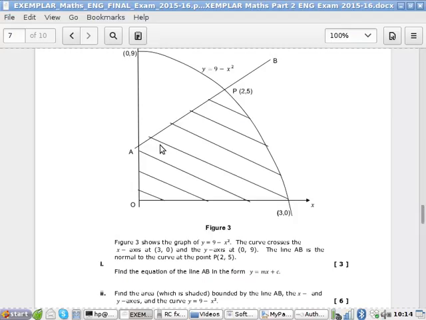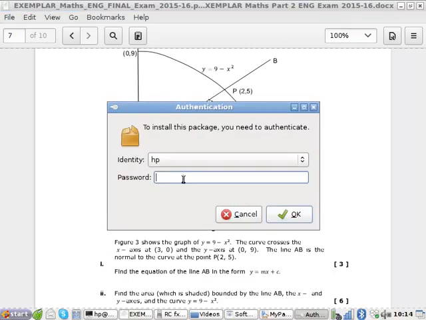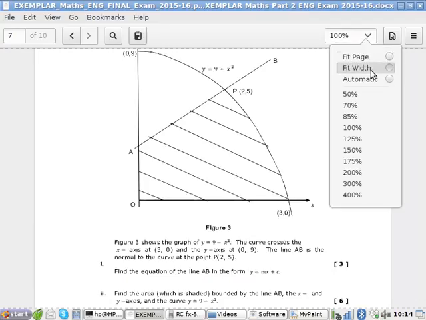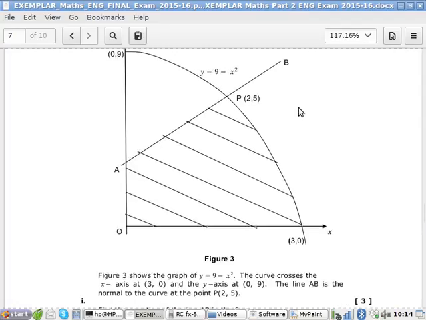Okay. The area in the picture. Let me just activate this. This area. It's from 2 and 5. Well, no, actually, it's from 0 to 3.